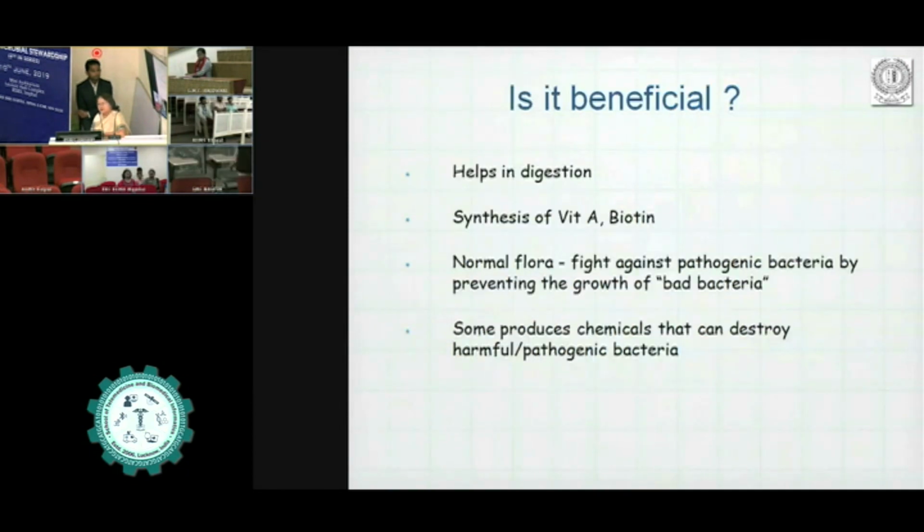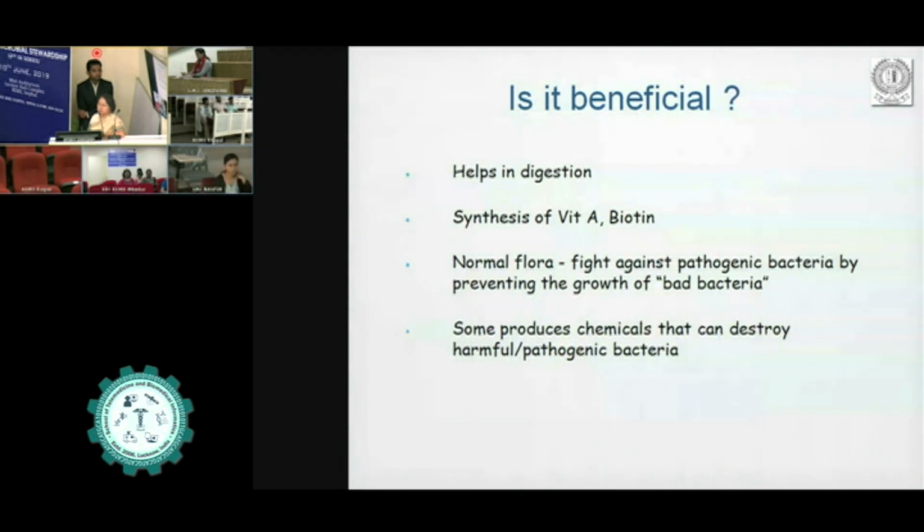So when I say it is helpful, how is it helpful? Basically, in the normal situation we are in a rapport with the microbes. They contribute a lot to our health, because they help in digestion. They are responsible for synthesis of vitamins, biotin, and so on. And whenever there is an onslaught of bad, pathogenic bacteria, they are there to defend us.